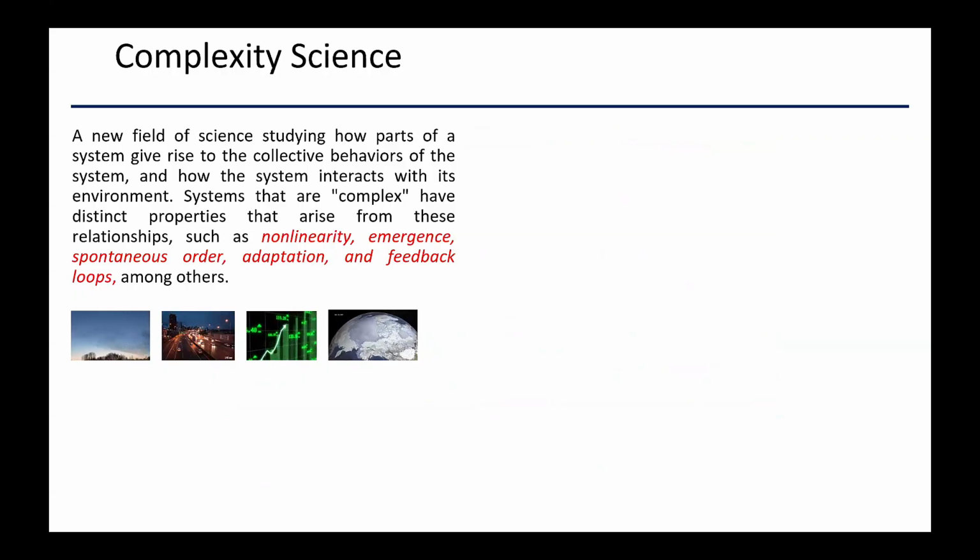Typically, complex systems are made up of smaller parts or constituents which interact with each other, and we see the collective behavior of the system and how it interacts with its environment. Systems that are complex have distinct properties that arise from these relationships, typically nonlinear behavior, emergent behavior, spontaneous ordering, adaptation, and feedback loops.